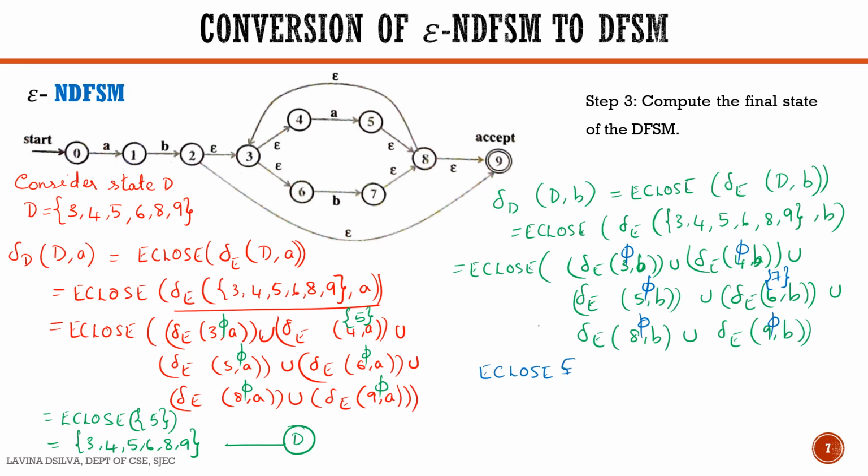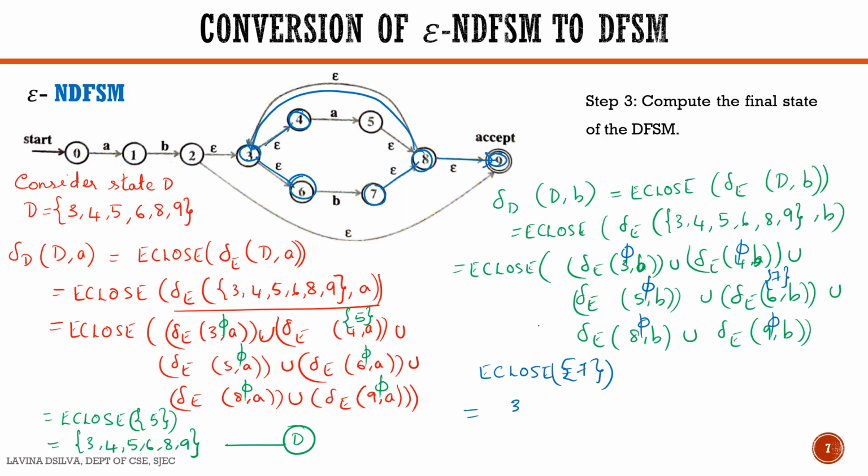And we have seen the E close of state 7 is from state 7 to 8 to 9. From here you can go to 3, 4 and 6.